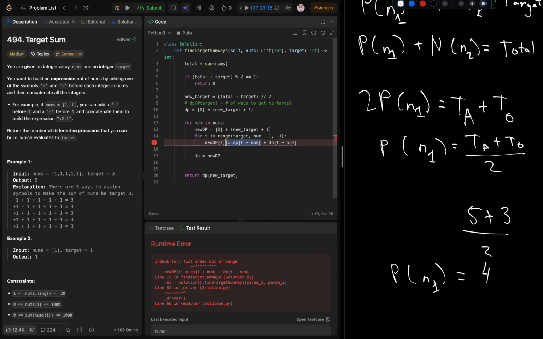Oh, if t plus num is less than, less than or equal?